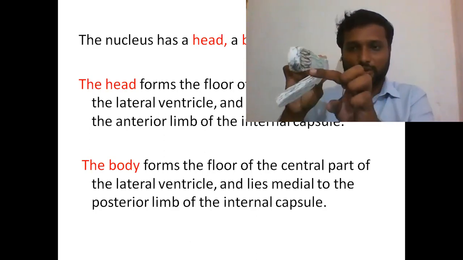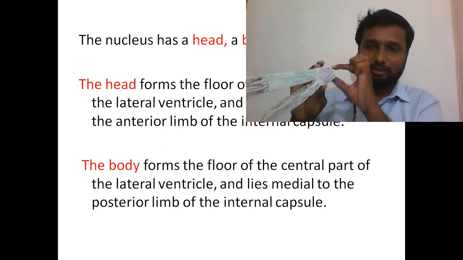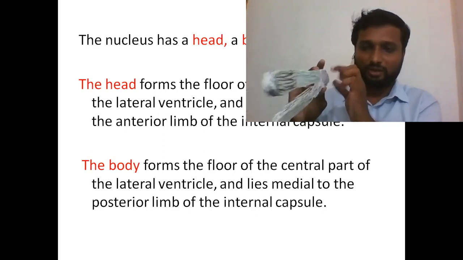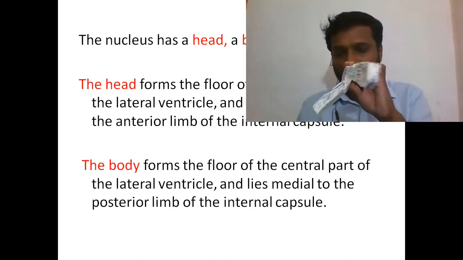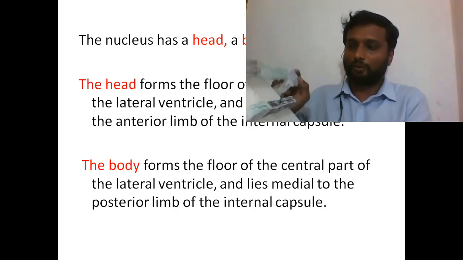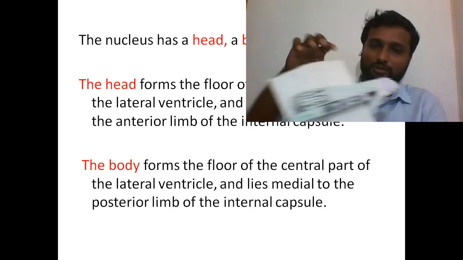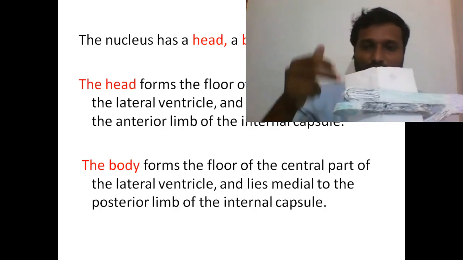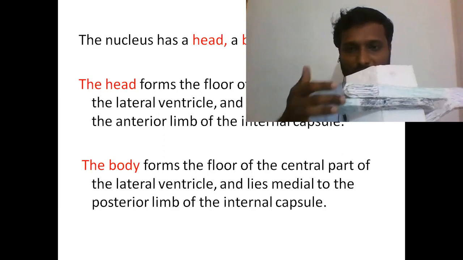The anterior horn, then behind that the central part, then behind that the posterior horn, which is inside the occipital lobe, and this one is the inferior horn, which is going towards the temporal lobe. Now I am going to place it here. See, almost like this. Now see the relation between this anterior horn of the lateral ventricle and the head.